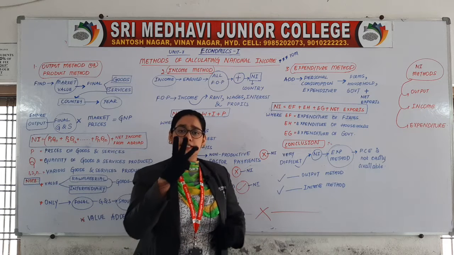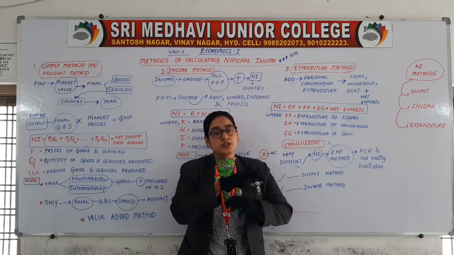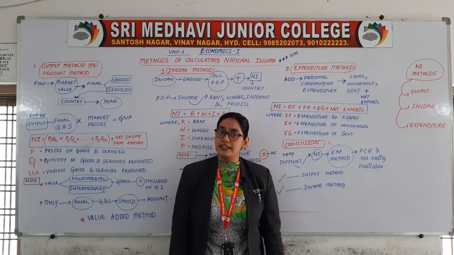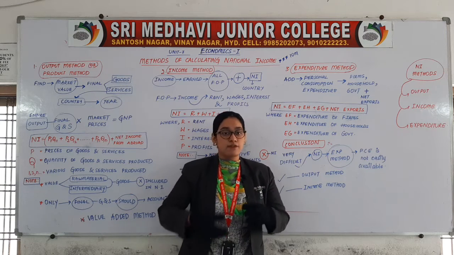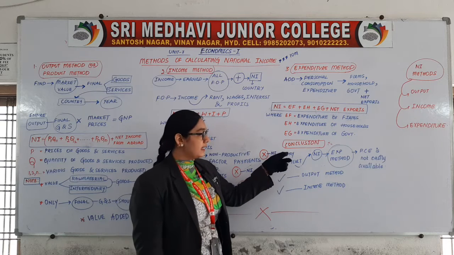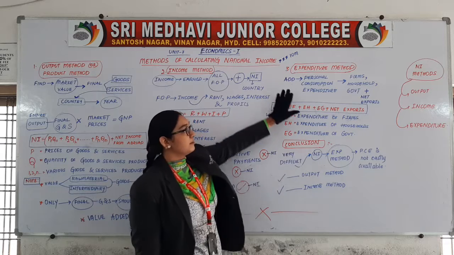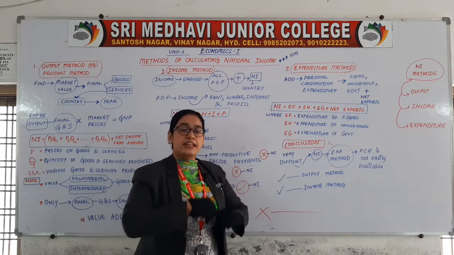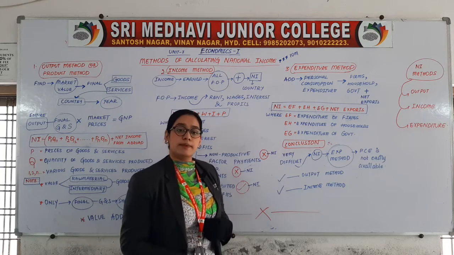So we have discussed 3 methods: output, income and expenditure. Various countries use various methods to calculate the national income. But in general, let me give you a tip. What is the conclusion of this answer? It is very difficult to calculate the national income with the expenditure method.